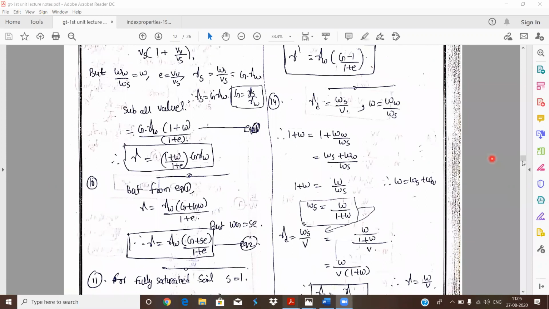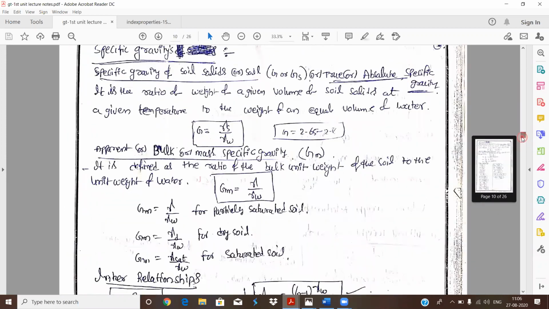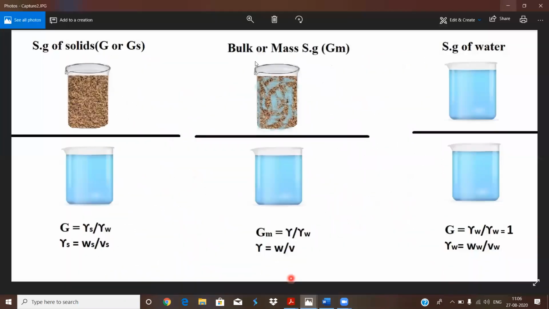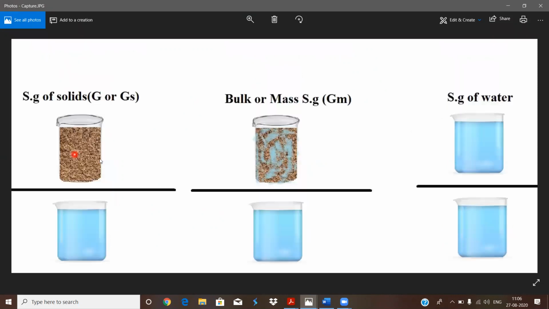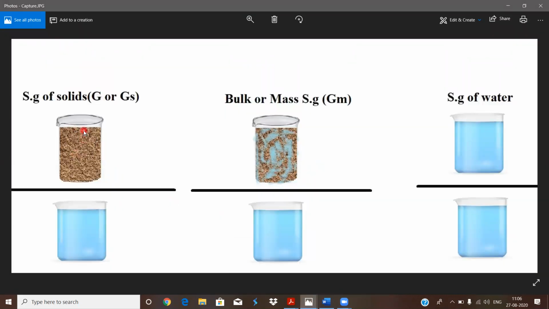If you do not understand the specific gravities, I will explain clearly using these pictures. This is the specific gravity of solids. We can get the specific gravity of solids as the ratio of the unit weight of solids to the unit weight of water.